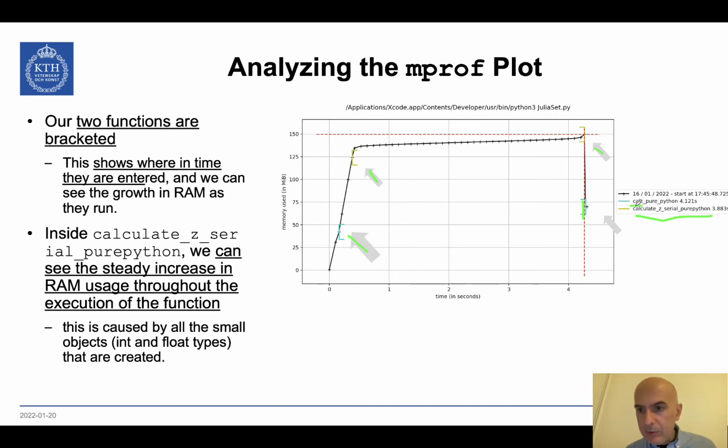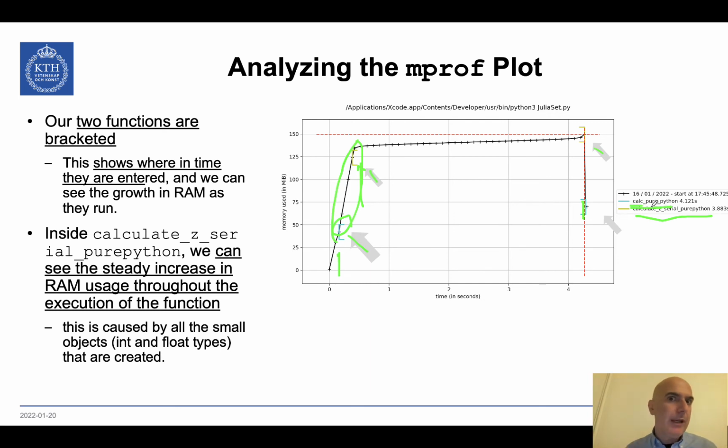In this case, calc_pure_python started around this time, and calculate_z_serial_pure_python started at this time. That allows us to tell that basically most of the memory allocation occurs in calc_pure_python.